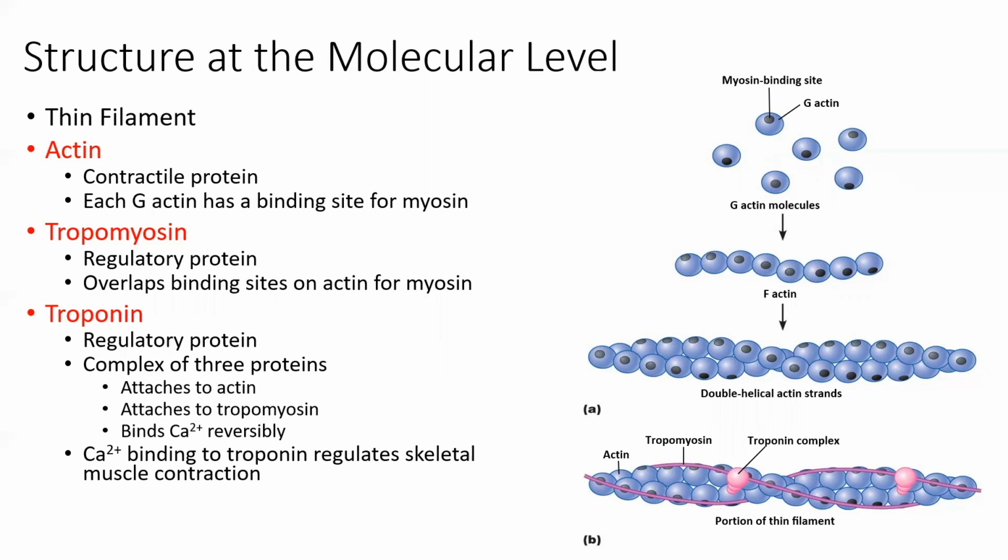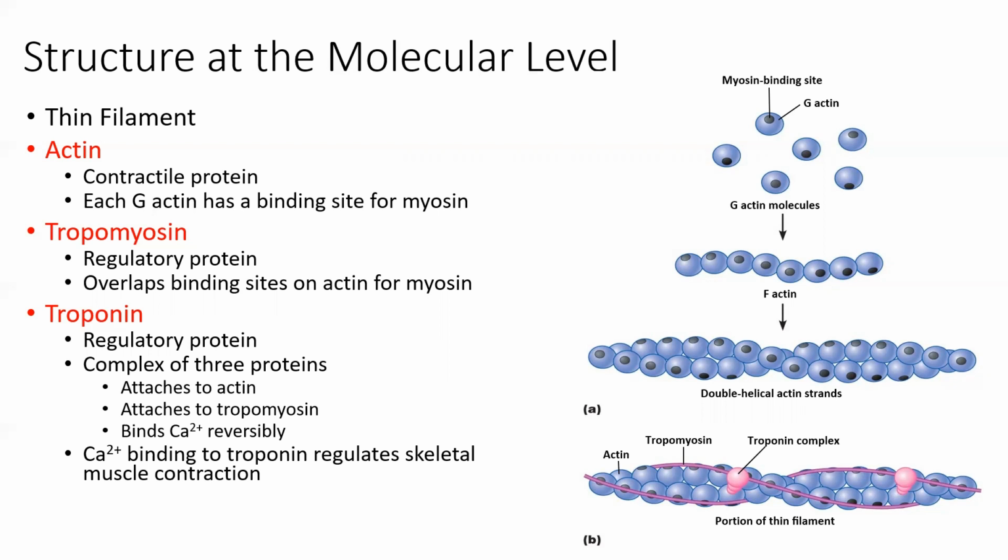And so tropomyosin is going to help to regulate this process by covering up those binding sites and preventing actin from binding with myosin. This is how we can regulate muscle contraction and turn muscle contraction off when that time is appropriate, okay? So that is tropomyosin, our thread-like regulatory protein that is temporarily covering up these binding sites, blocking that interaction with myosin until it is time to do so.